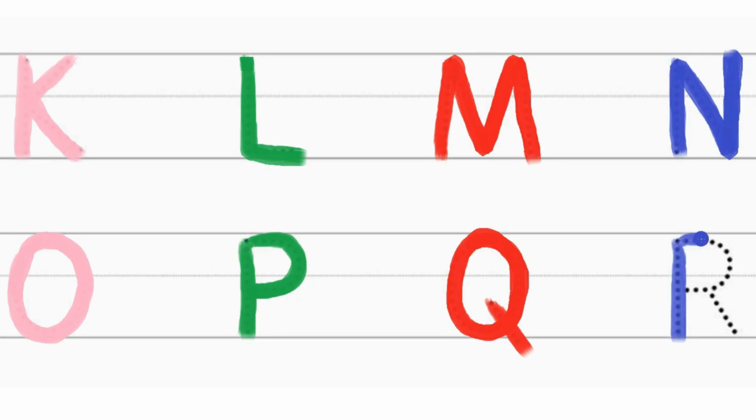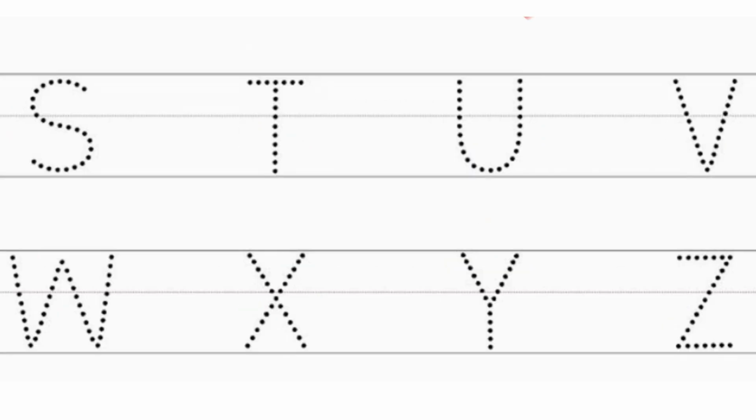To make R, first write P and then pull a line from the middle like this. S is a curve. Let's write S now.